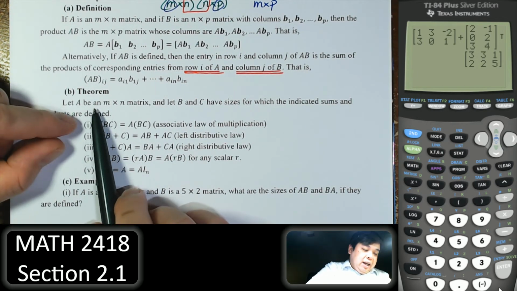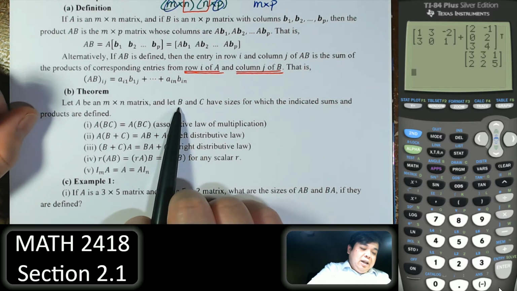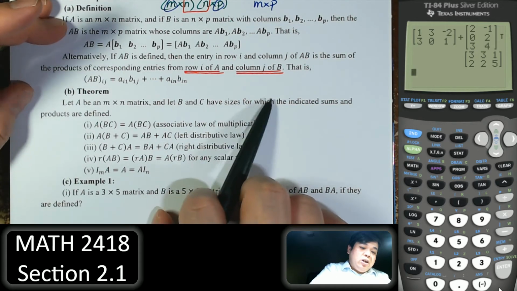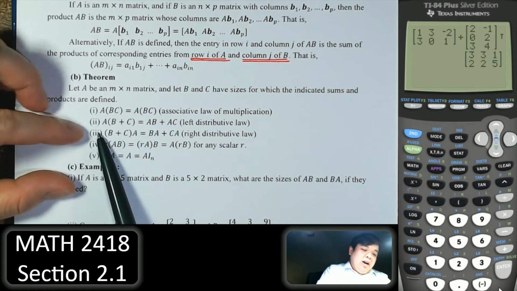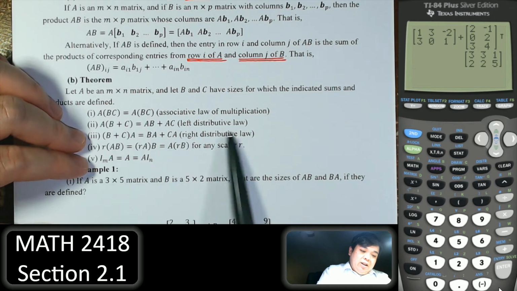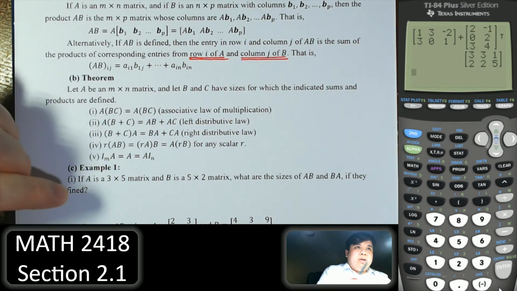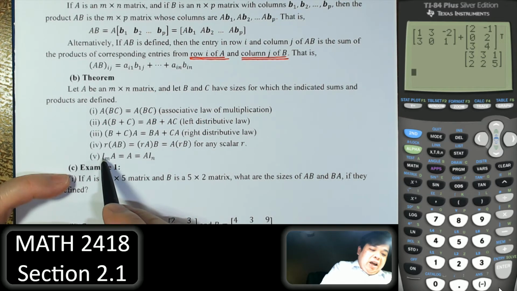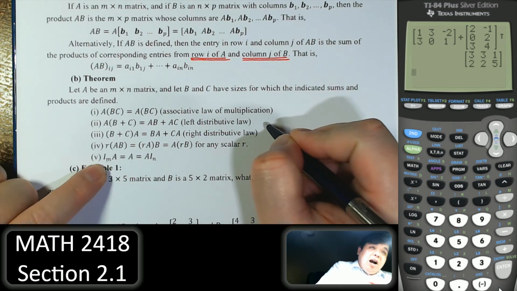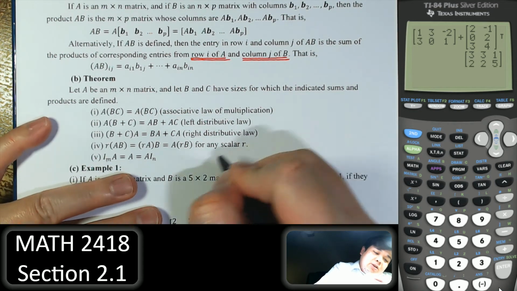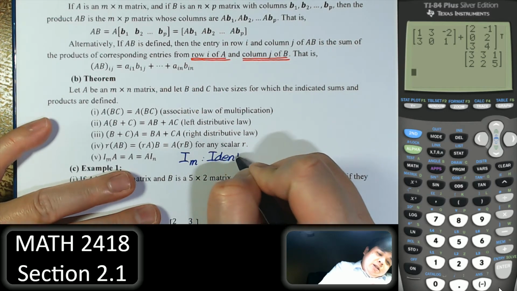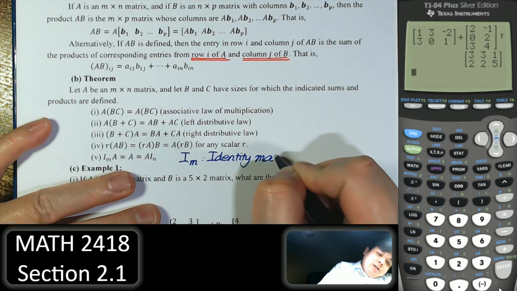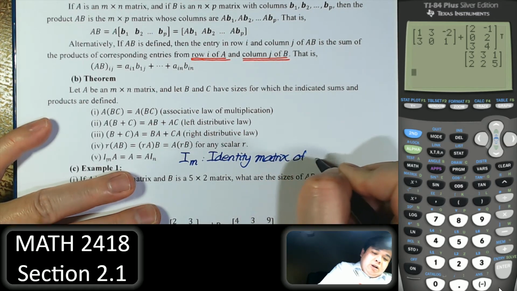Let A be an m by n matrix, and B and C have sizes for which the indicated sum and product are defined. So we have associative, distributive, and all those properties. Just a reminder, I sub m is the identity matrix of m by m.